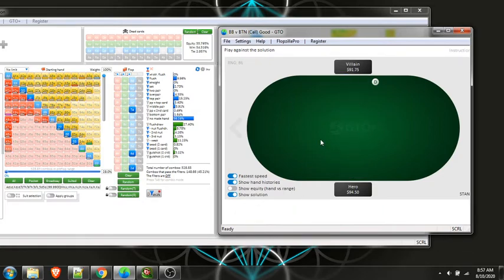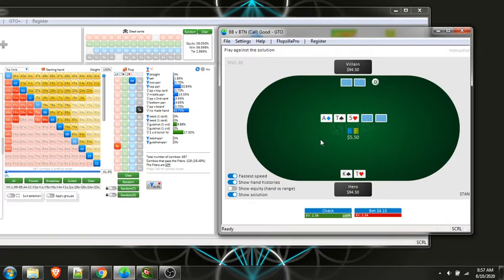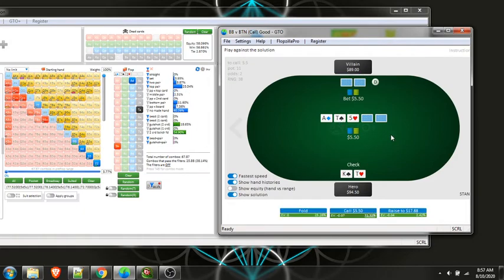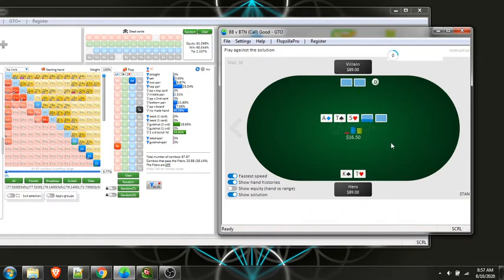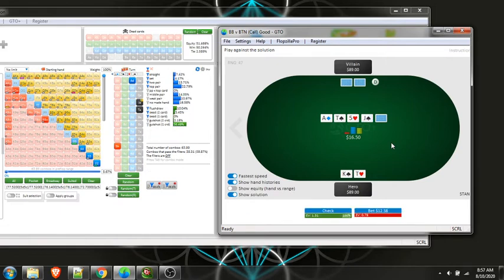Generally fold anything less than 40% equity on the flop. That's around 65%. A call. That hurt us down to 45%. A raise here 25% of the time. That would be interesting.